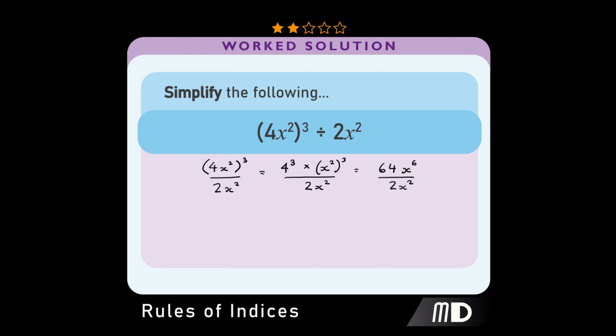Next, we need to simplify this. The highest common factor of 2 and 64 is 2. 64 divided by 2 is 32. And 2 divided by 2 is 1.